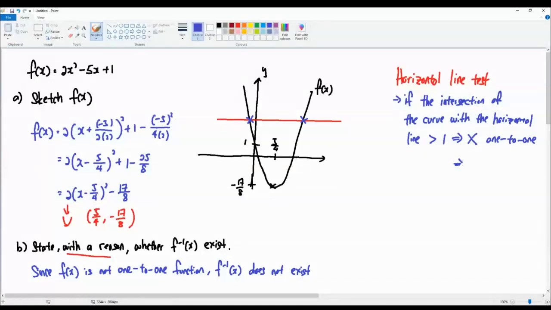So not 1 to 1, the result is the inverse does not exist. Okay?